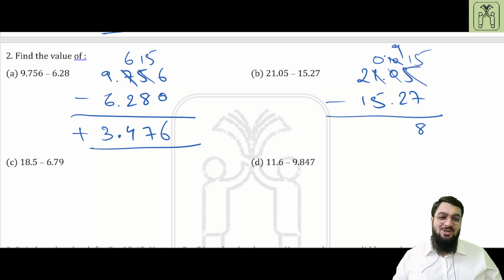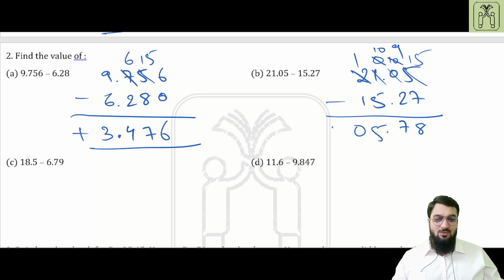Sometimes I also get confused. Okay, good as of now. The 9 minus 2 will give you 7, decimal point added, and 0 minus 5 will again become 10, and this will become 1. Therefore 10 minus 5 will become 5, and 1 minus 1 will become 0 with a plus sign. So the answer will be 5.78.